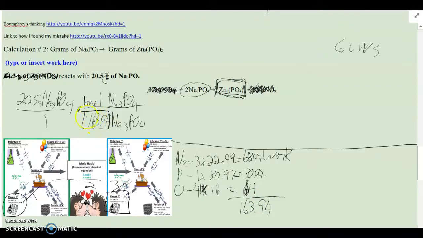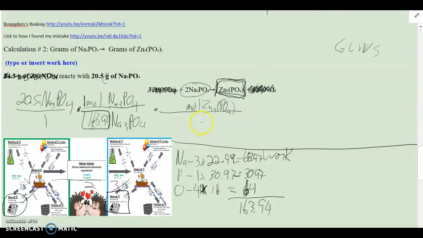Step 1, done. Step 2, hopefully this is becoming a fast and easy one for us. It's telling me to put the moles of the thing I'm looking for on the top. All right. What is the thing that I'm looking for? I'm trying to find Zn3PO4.